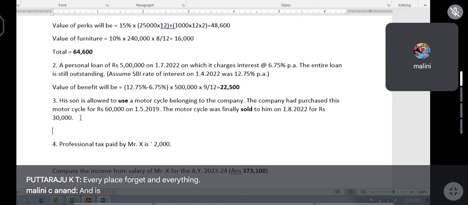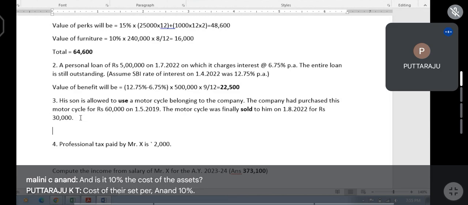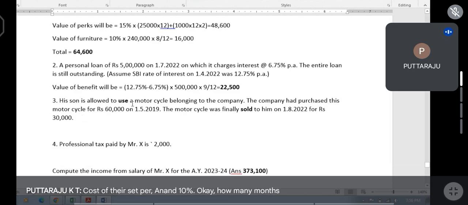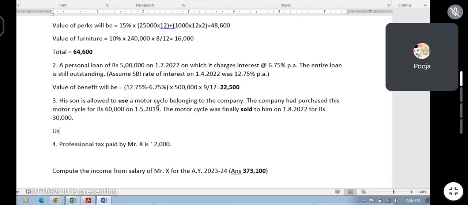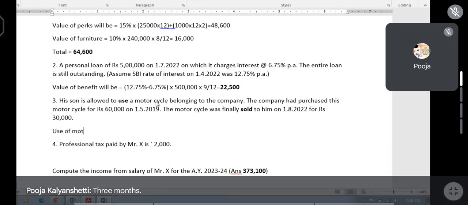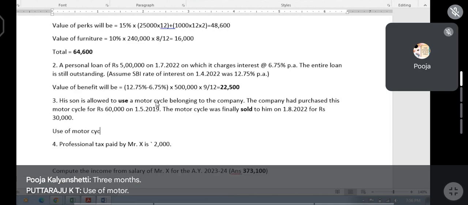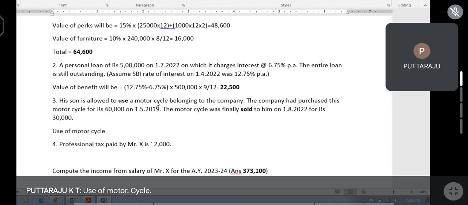Is it 10% of the cost of the asset, sir? Cost of the asset, per annum 10%. How many months has he used this motorcycle? 10 months. Where 10 months? 3 months, sir.